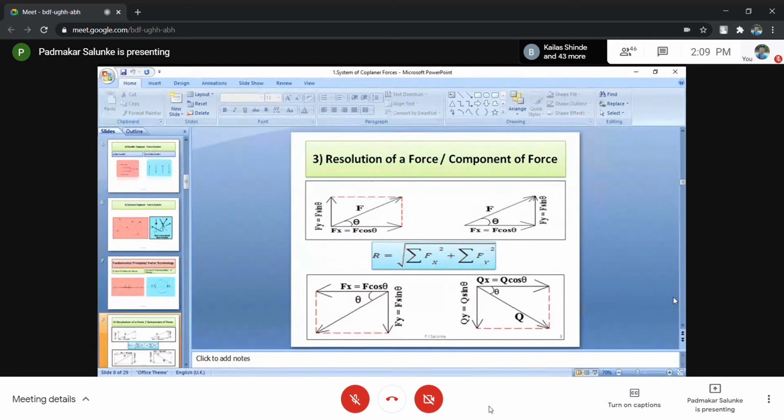It's so simple. Similarly, sin theta equals front side divided by hypotenuse, so sin theta equals Fy divided by F. So Fy equals F sin theta. So you will get Fx and Fy, which are the x and y components.